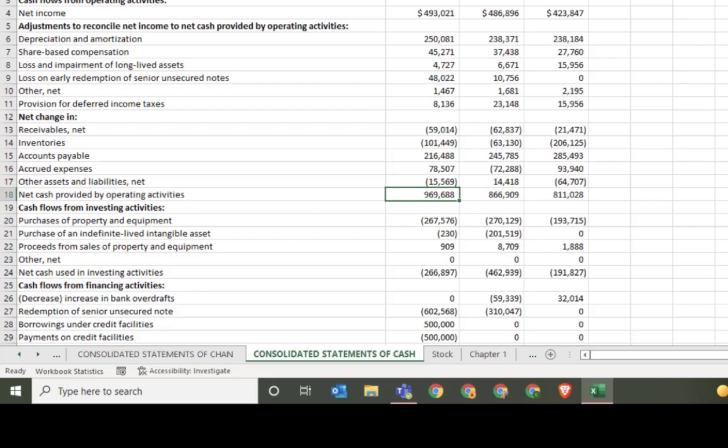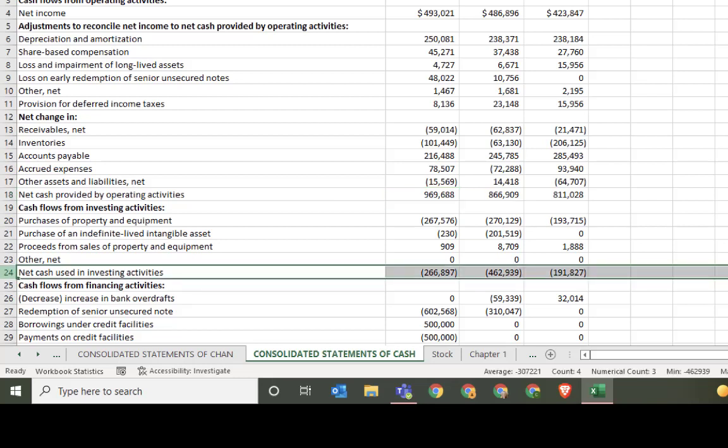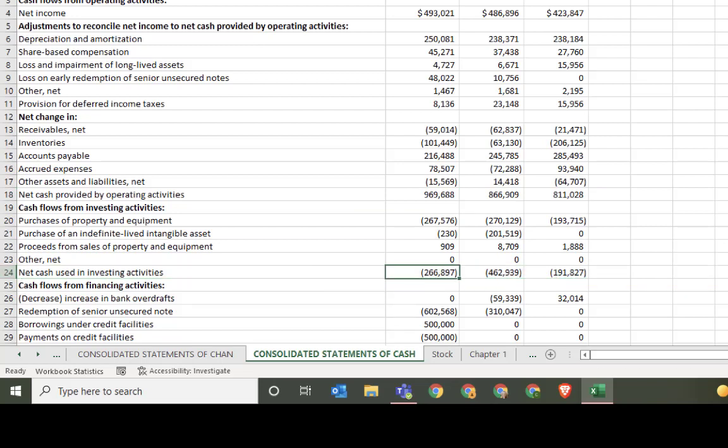Then I'm going to look for investing. So here is my net cash used in investing. Again, you'll have to find yours. So this is the cell, and I want to name it again. So I go up to the name box, and I'm going to use my camel letters, Cash Flows, Investing, 2021, and let it stick.